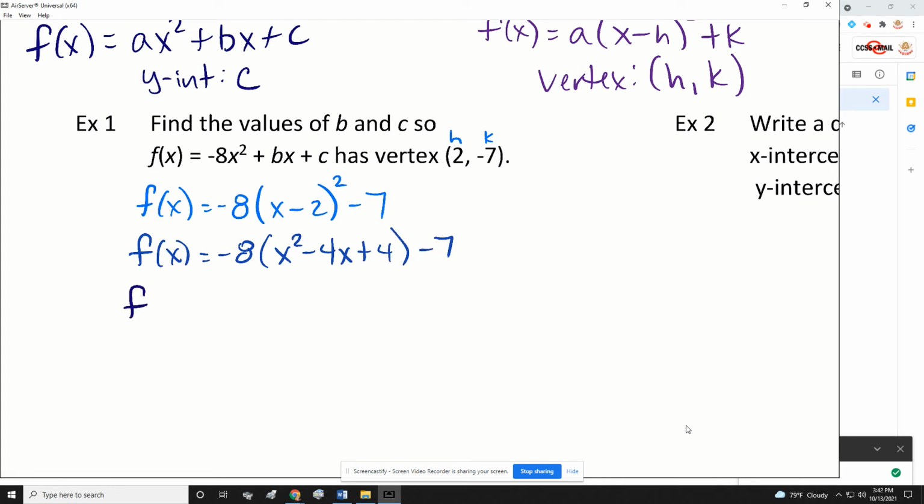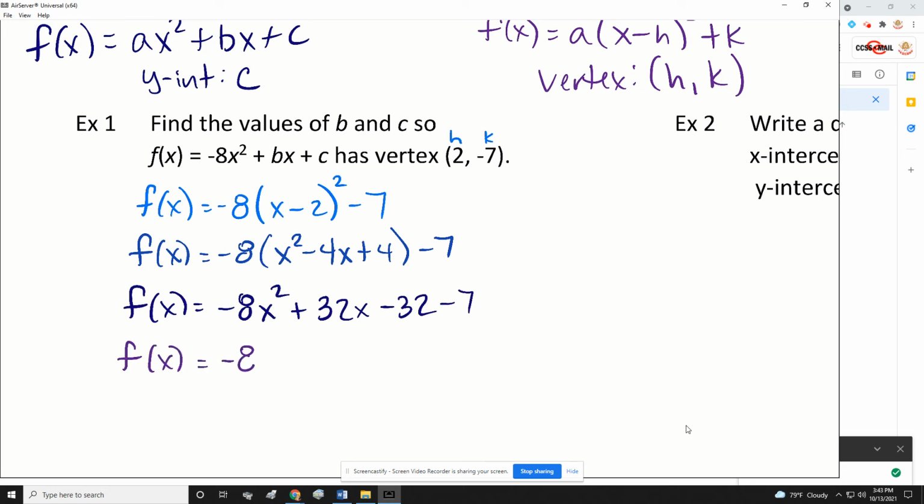All right. Then I would distribute the negative 8. And combine my like terms at the end.